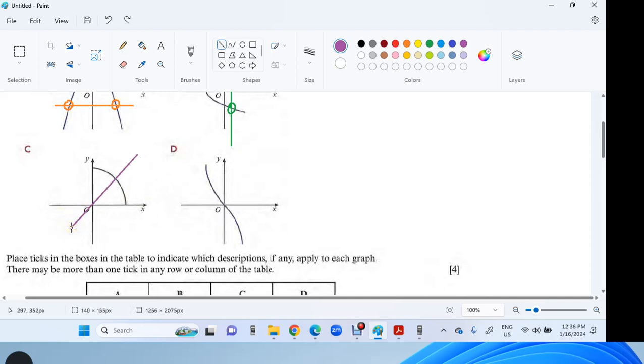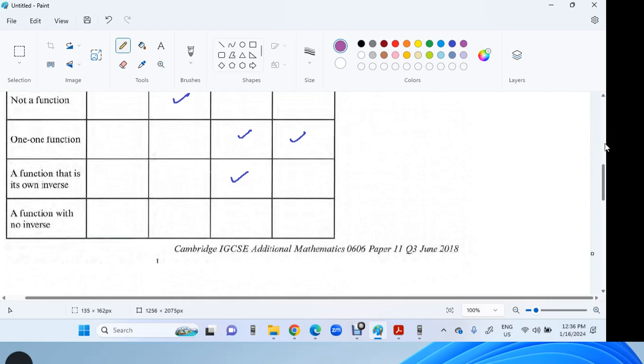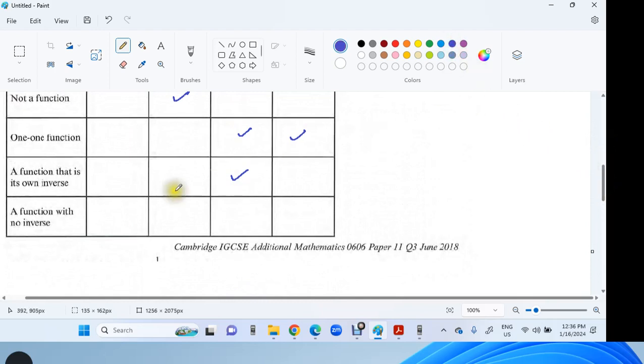So when we reflect this one in the line y equal to x, it looks the same. But this one, when we inverse, no, it is not. So C is correct.